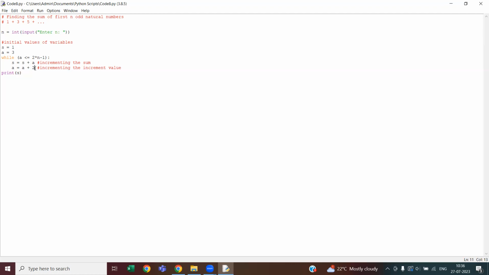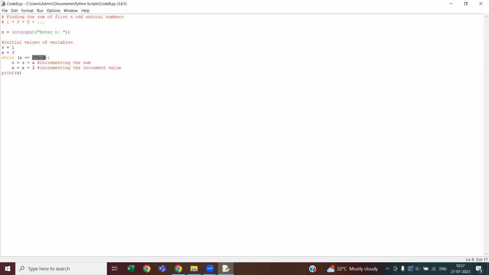So now our program is complete. In general, when we are trying to find the sum of n terms in a particular series, you need to know a few things while you're coding it out. The first thing is the general term, and based on that, you can understand the last term. For instance, over here, the last term of the series is 2n minus 1.